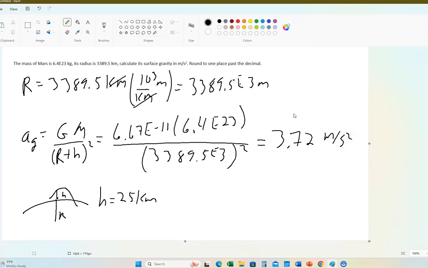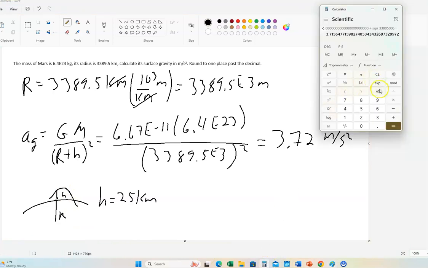So now what I'm going to do is the exact same problem, but instead of this denominator, I'm going to add. So here, I'll just show you. Let's just take the radius of Mars, which is 3389.5 plus the 25, right?